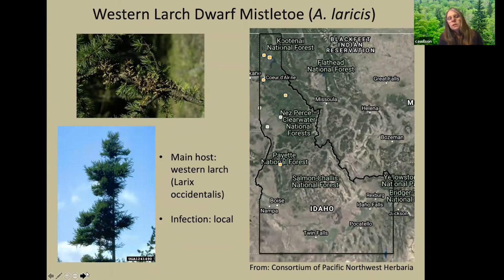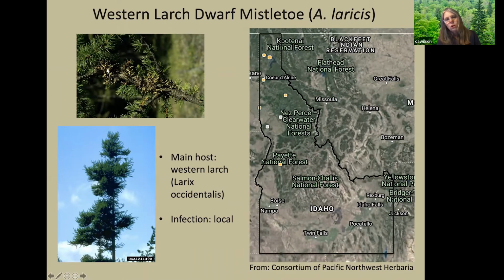And here is, I think, the last mistletoe that I have that occurs in Idaho. It's Arceuthobium laricis, and it's on Western larch, and the infection is rather local. And you can see here, this is kind of interesting.